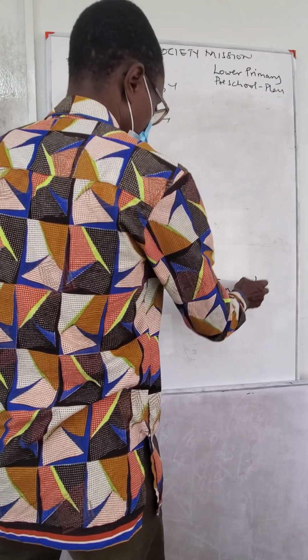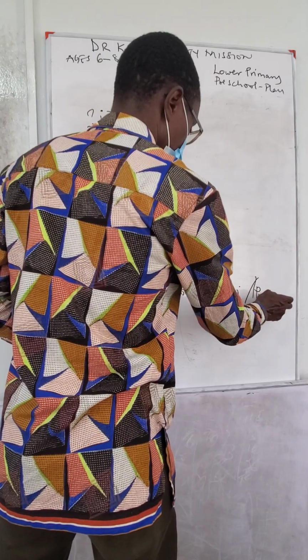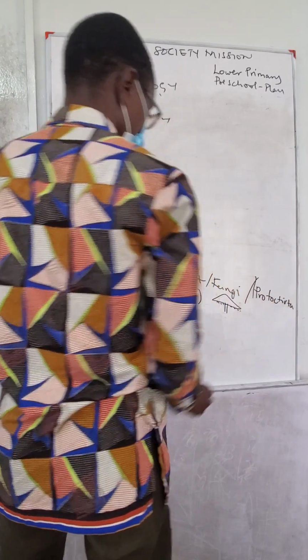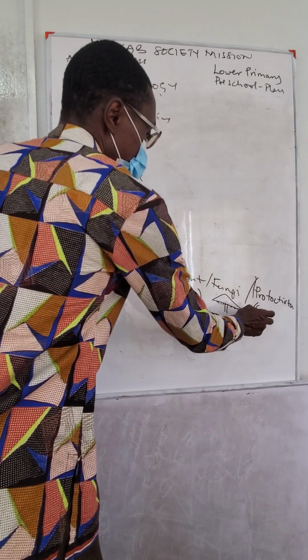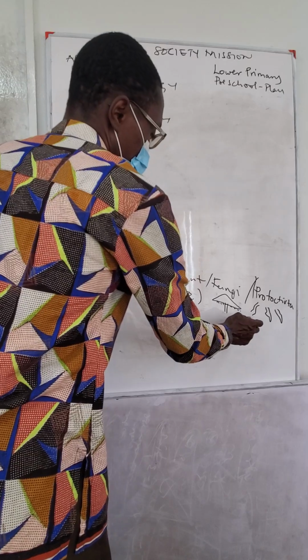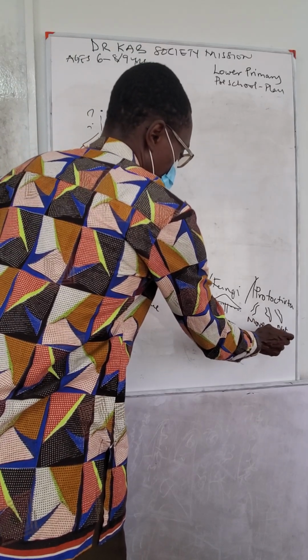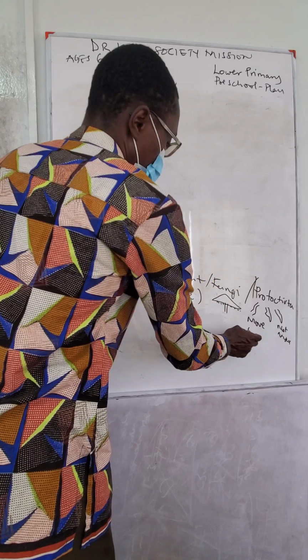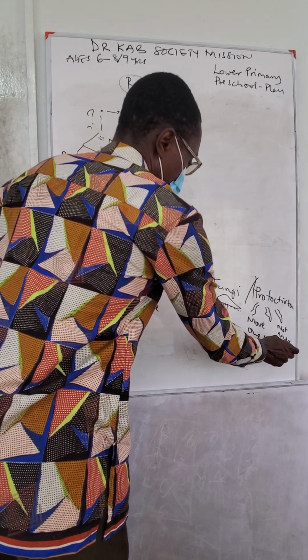Then we have another one we call the protoctista. Some of them can move, some of them cannot move. Some are one cell, some are many cells.